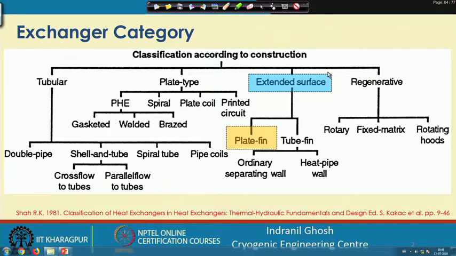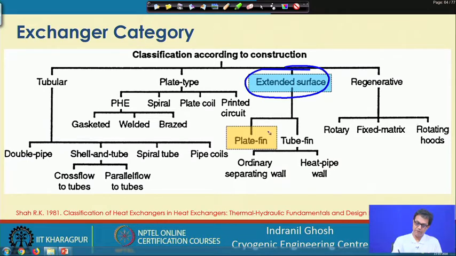There was a class where we had heat exchangers with extended heat transfer surfaces, and one of the derivatives of this extended surface heat transfer is of plate fin type, and that is what we call the plate fin type heat exchanger.